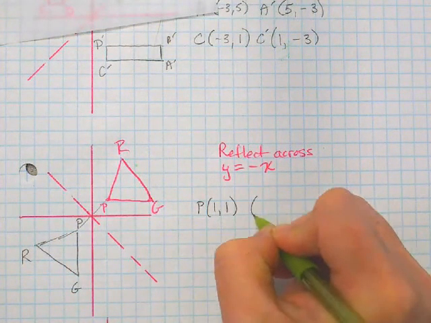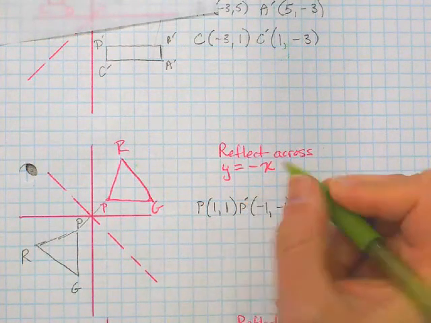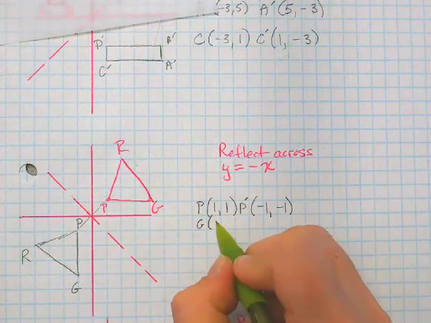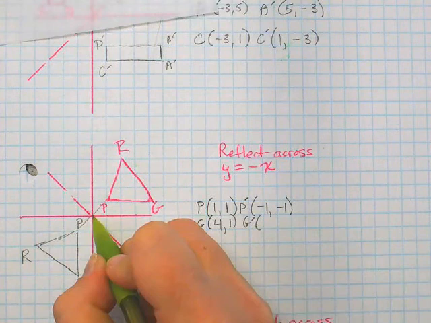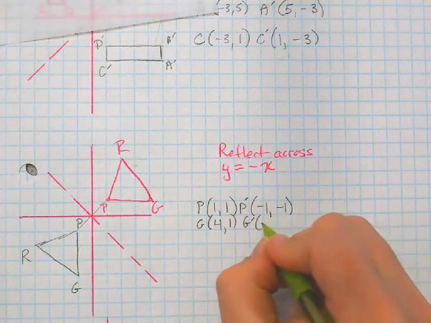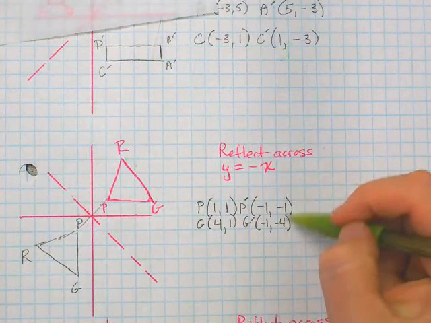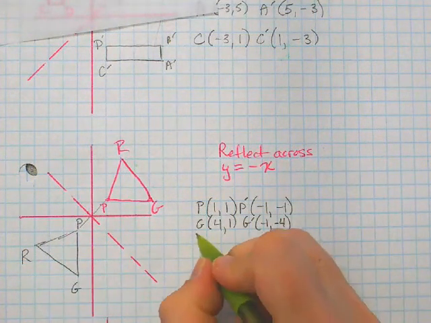P was originally at 1, 1, and now it's at -1, -1. G was originally at 4, 1, and G prime is at -1, -4. So I wonder what the rule is here if I compare up and down.